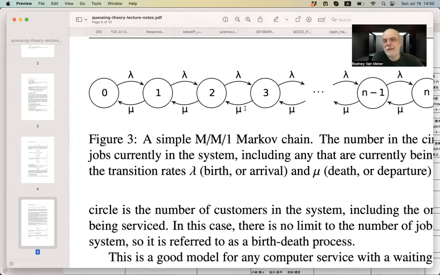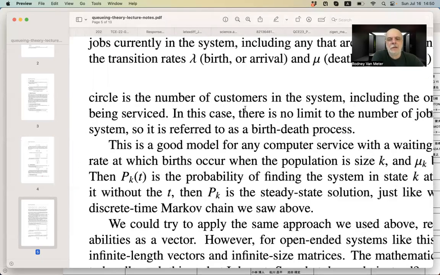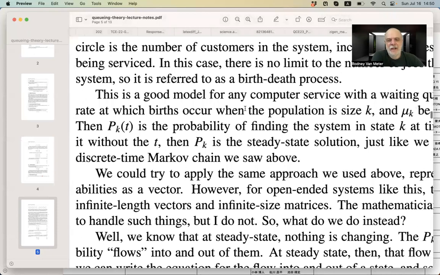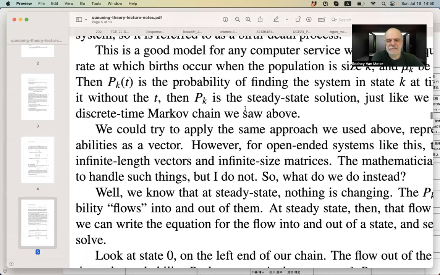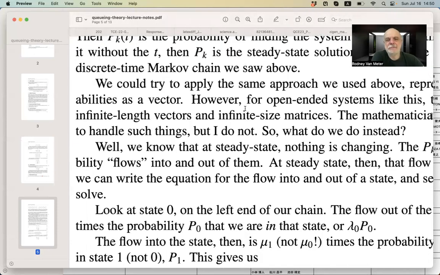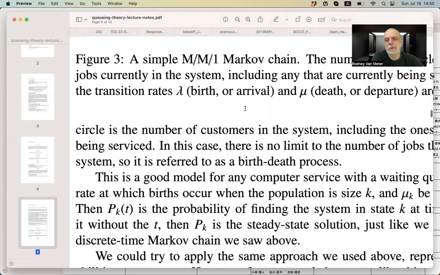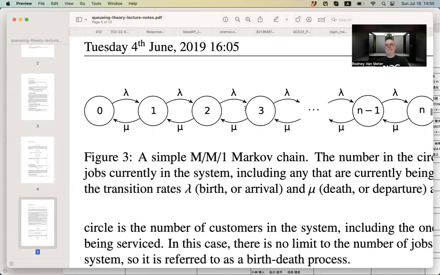So this is how many per second or how many per hour or whatever your units are. And the question is, how can we calculate how many people are in the system? Well, again, maybe one of the first things we want to deal with is steady state.